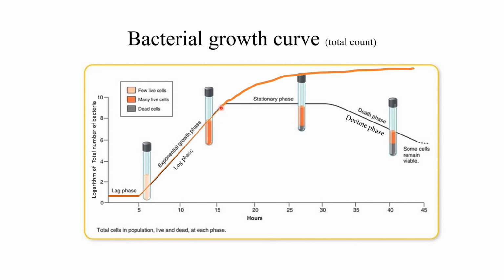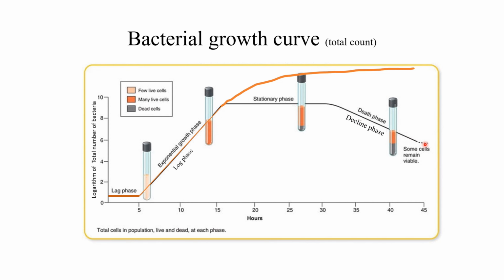And after this log phase, here you can see the stationary phase, and after this stationary phase, the graph will be continuously steady without any decline in the total number of bacteria. While in the case of viable count, the stationary phase will be stable, and due to the death of the bacteria, the viable count graph will decline.